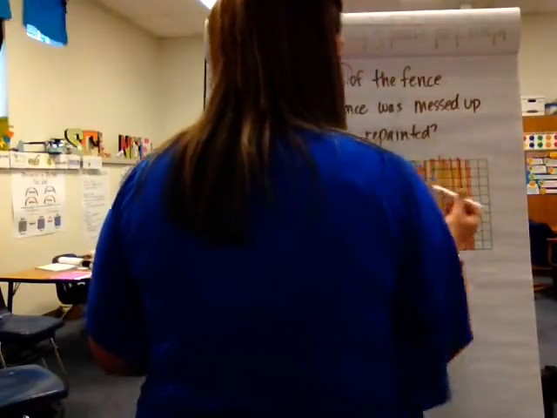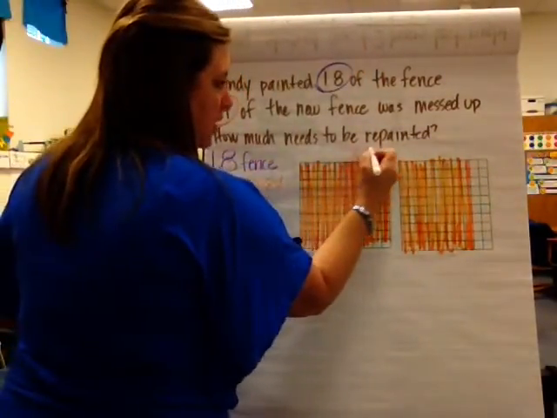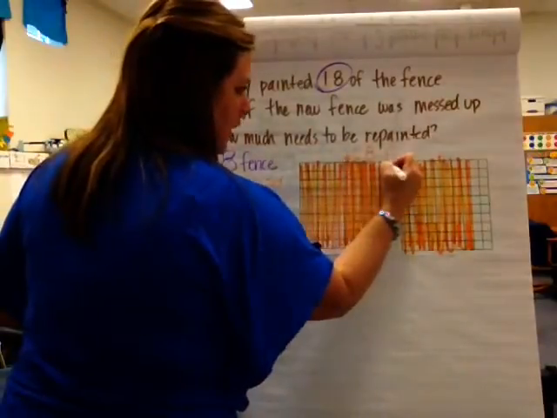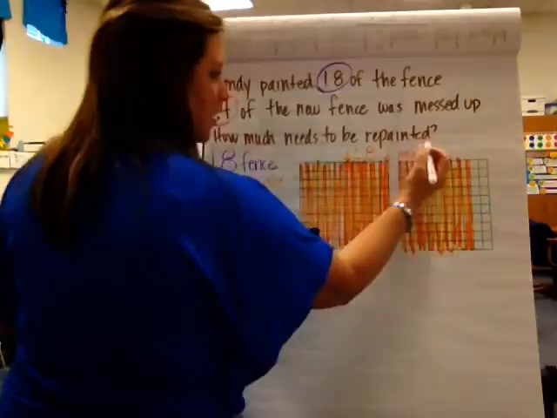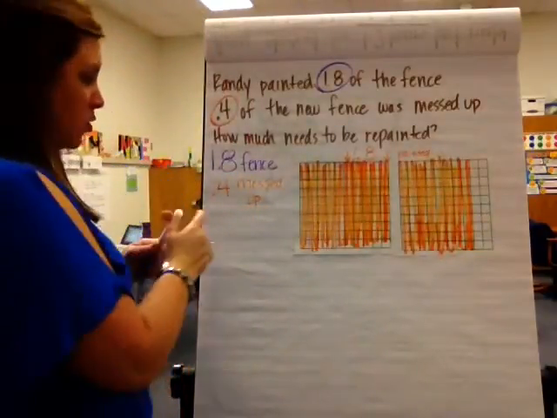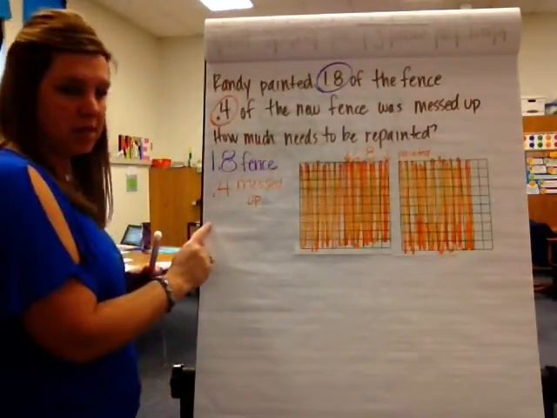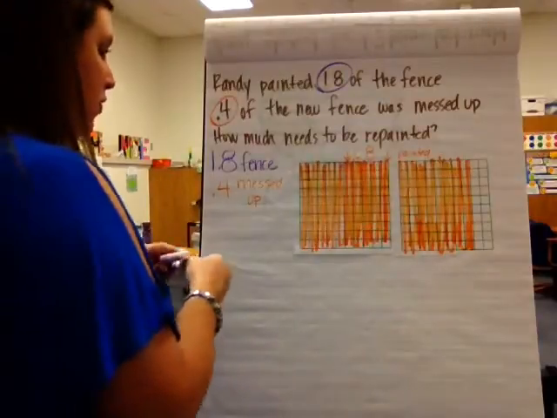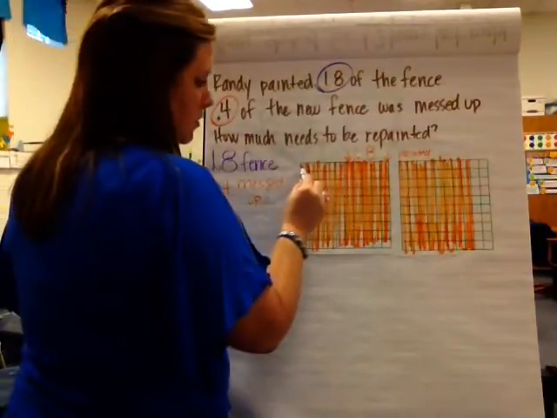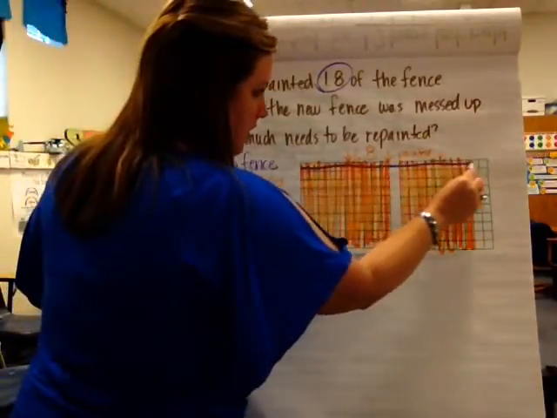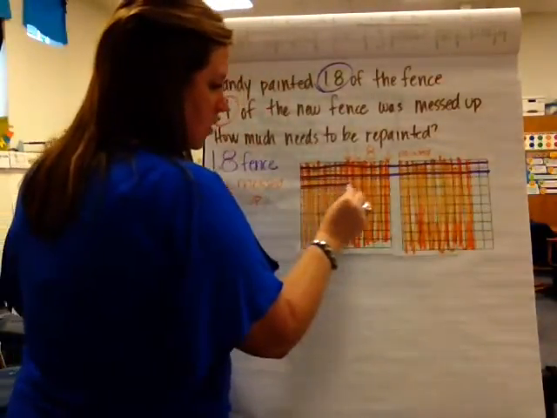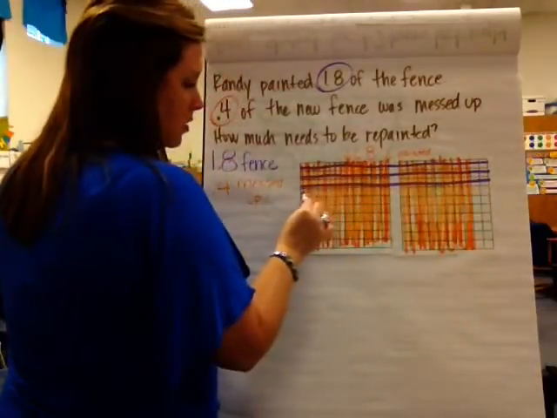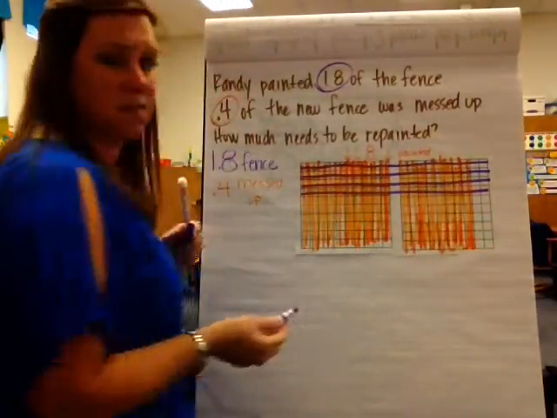It's just for visual. Got 1 8/10 going down. This is what was painted. Of this amount, what happened? 4/10 were messed up. Okay, so 1/10, 2/10, 3/10, 4/10.